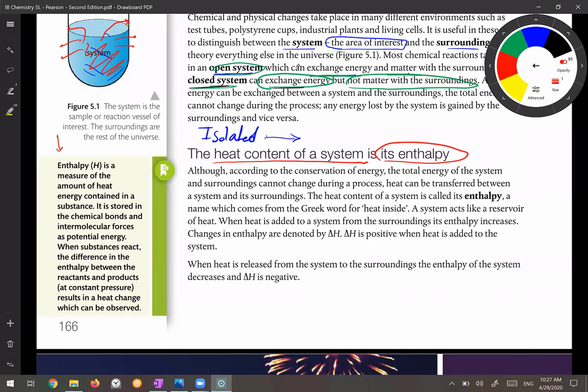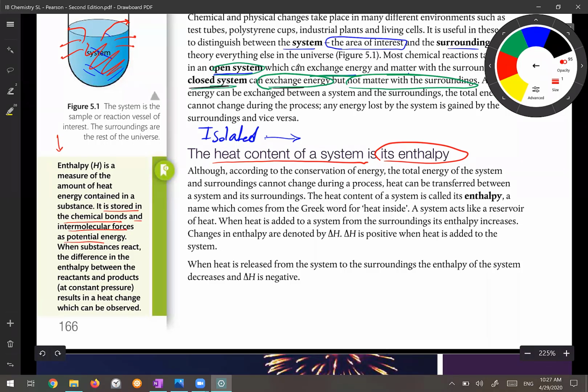It says enthalpy, which you show by H, is a measure of the amount of heat energy contained in a substance. So some substances have some amount of heat energy, but where is that heat energy content stored? It is stored in the chemical bonds and intermolecular forces as potential energy.